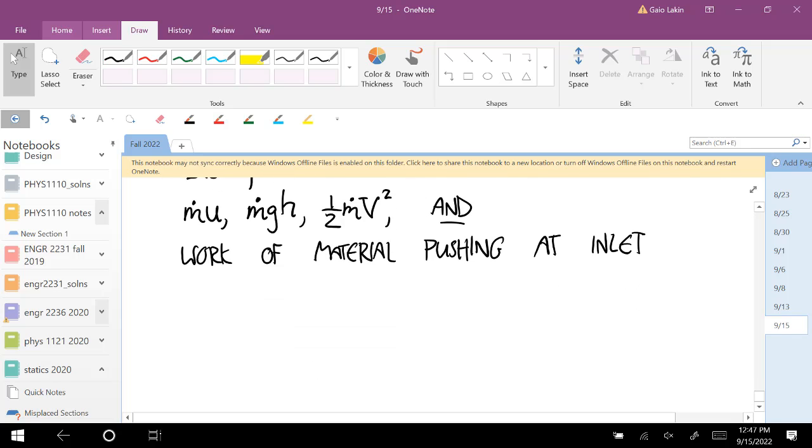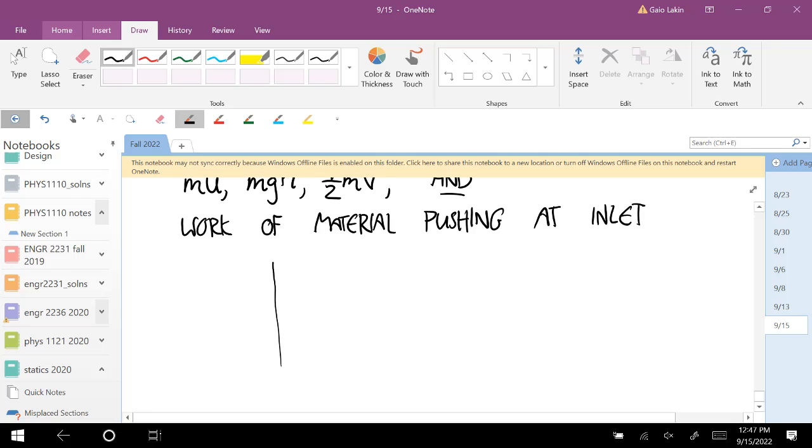If this is your inlet, this material is applying a force this way, and the rate of work that it does is that force times the velocity, because remember, work is equal to the force dotted with the displacement.